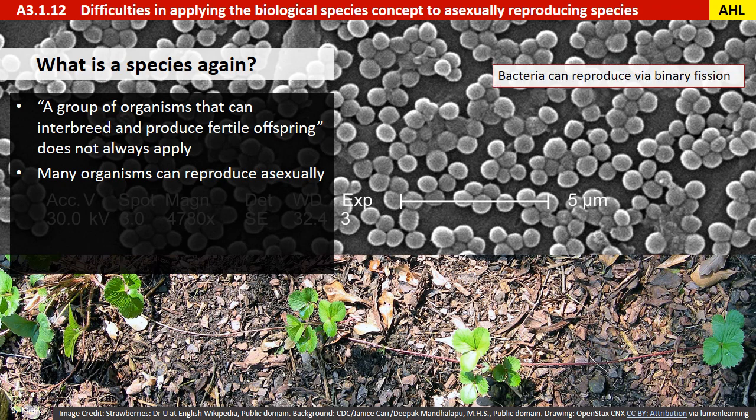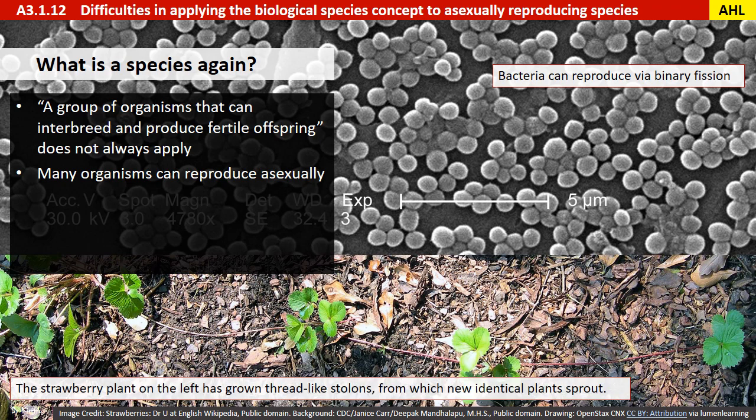They divide, they split in two, and the strawberry plant can reproduce by developing thread-like stolons, also called runners, from which new identical plants sprout. In both of these cases, the organism does not need another individual to reproduce.